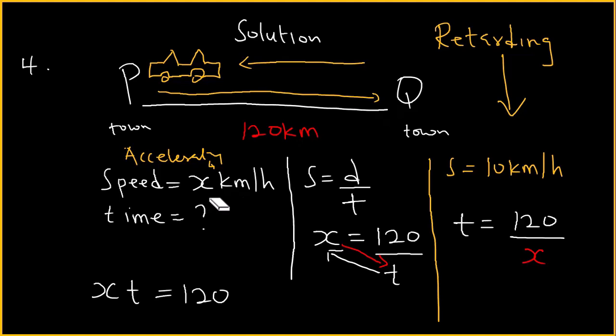But backward acceleration is retardation and it's negative. So x is equal to 30 kilometers per hour. Our speed moving from town P to town Q is 30 kilometers per hour.